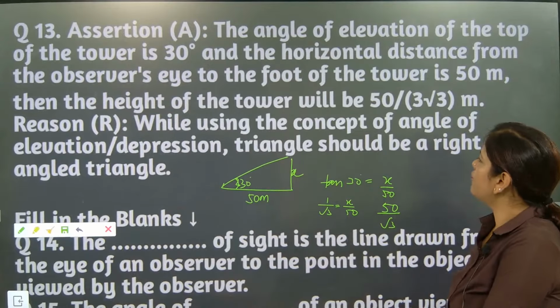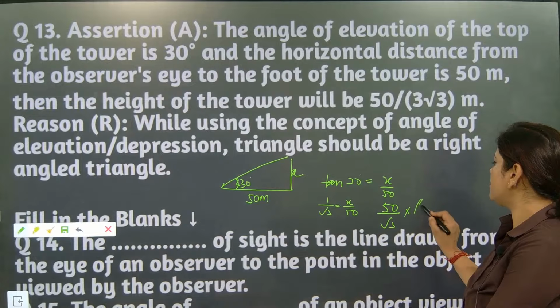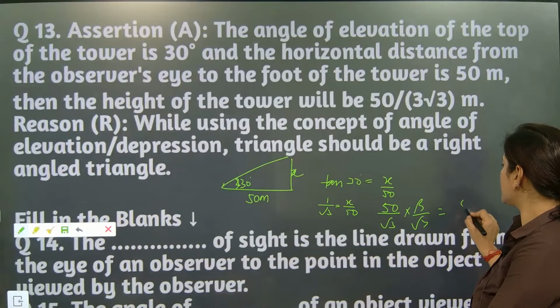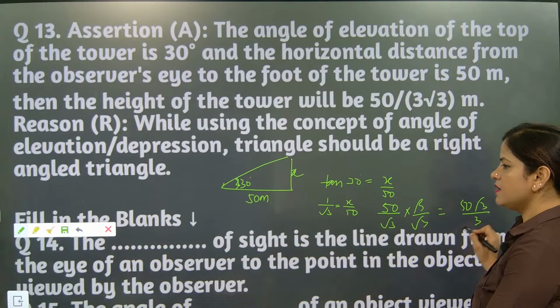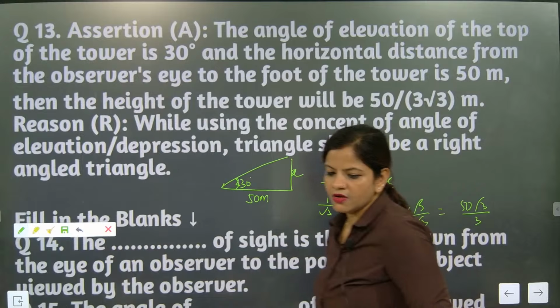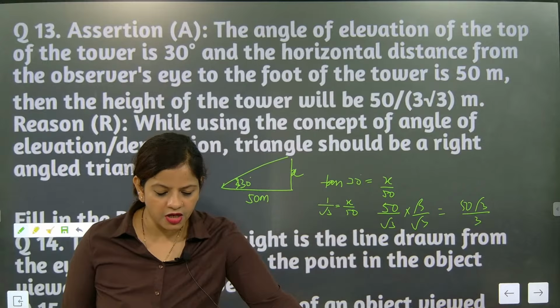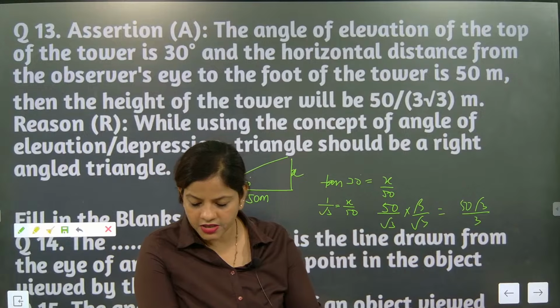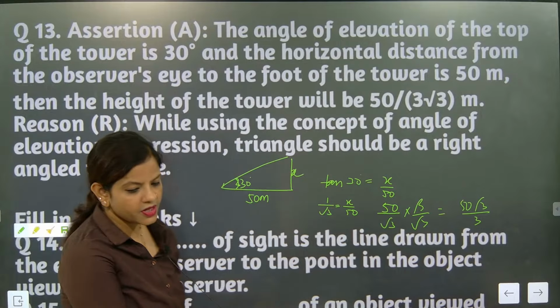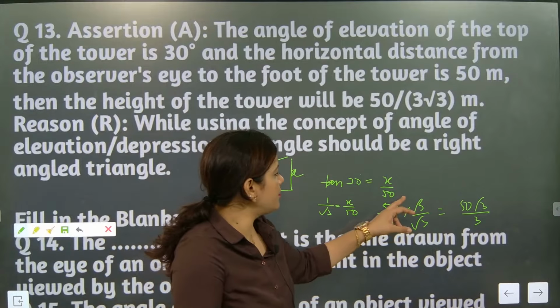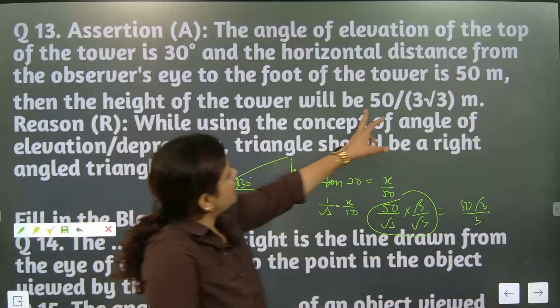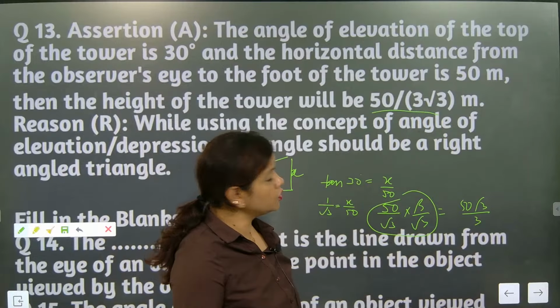And here, if we rationalize it by multiplying, the 3 root 3 part is coming. So 50 root 3 by 3. It is coming as how much, beta? 50 root 3 by 3. So 50 root 3 by 3, option D is coming. But they have given 50 by 3 root 3.